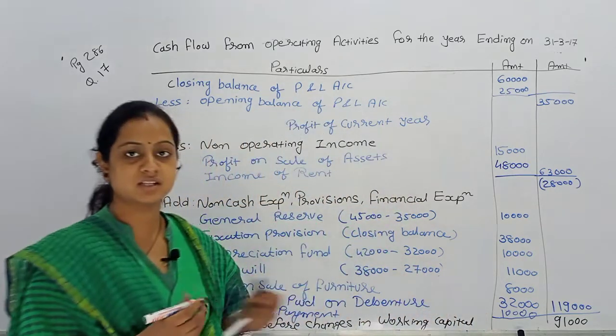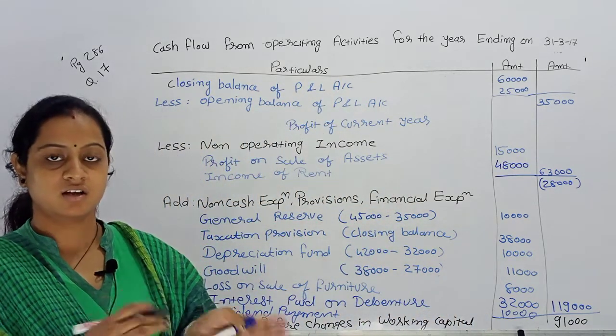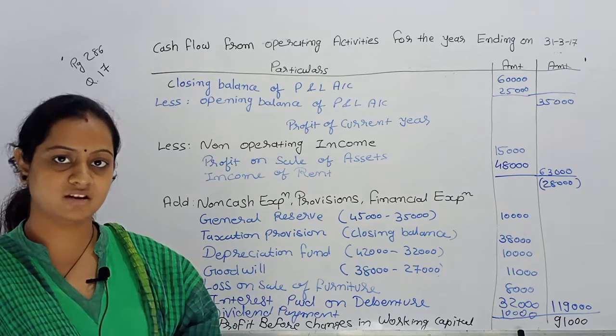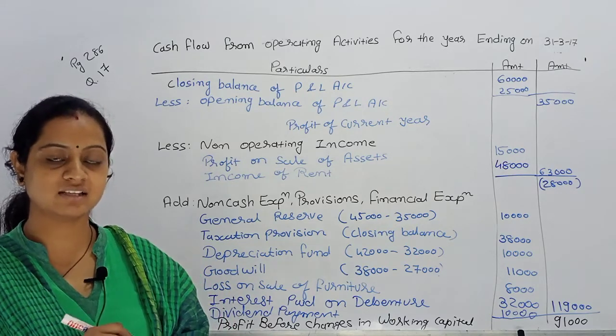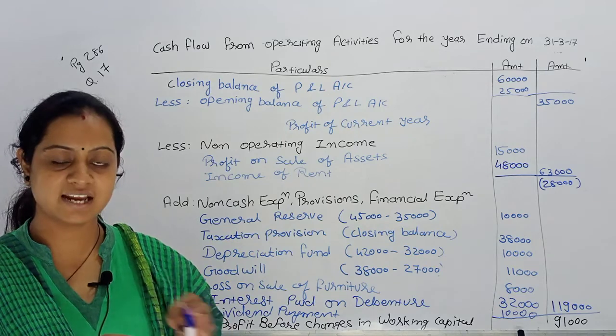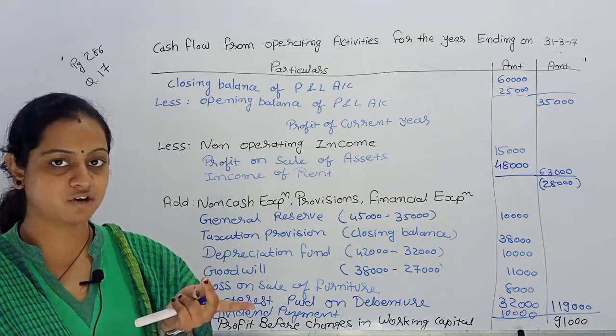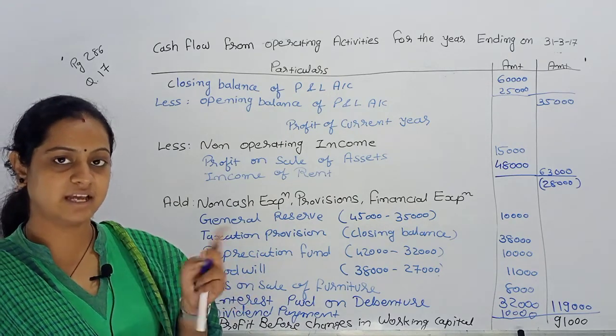Then from this we have to add decrease in current assets, increase in current liability, and less the opposite of that. Then we have to less provision for tax, right? And then we'll get the answer.